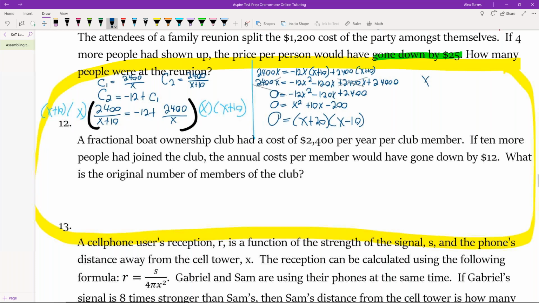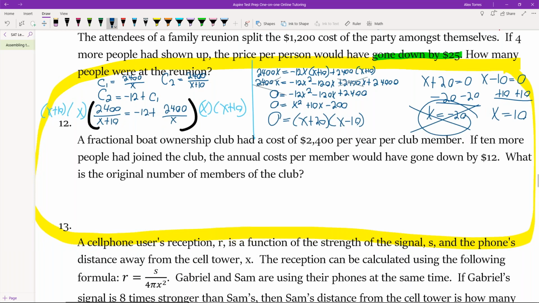The zero product rule says that's where you set each of these equal to 0. And here you take away 20 from both sides, x equals negative 20. Here you add 10 to both sides, and you get x equals 10. So the answers are 10 and negative 20, but negative 20 doesn't really make sense. So the answer is x equals 10.